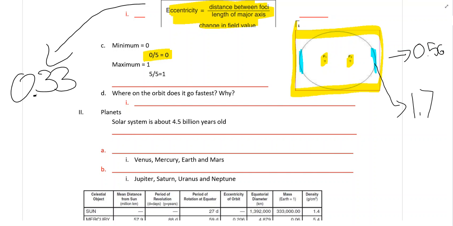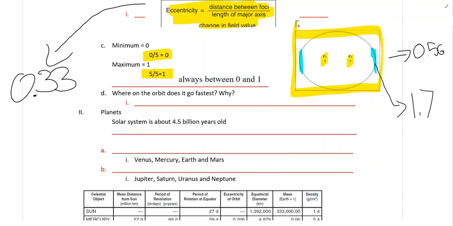The maximum eccentricity that something can have is if the distance between the foci is the same as the distance along the major axis. So instead of having 0 divided by 5 and getting 0, you'd have 5 divided by 5 and you would get 1. Our eccentricity is always going to be between 0 and 1.